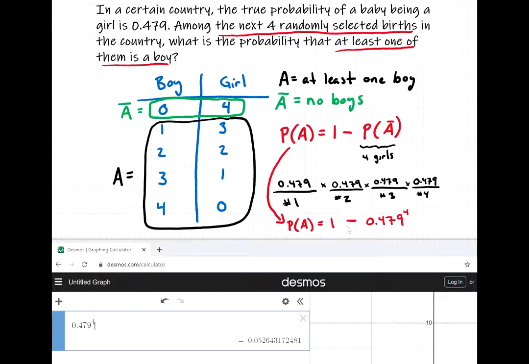But we have to do 1 minus that, because that's the probability of what we don't want. So the probability of what we do want, which is at least one boy, will be 1 minus that. So I'll put in a 1 minus in front of that. And if we round this to 3 decimal places, it looks like 0.947.